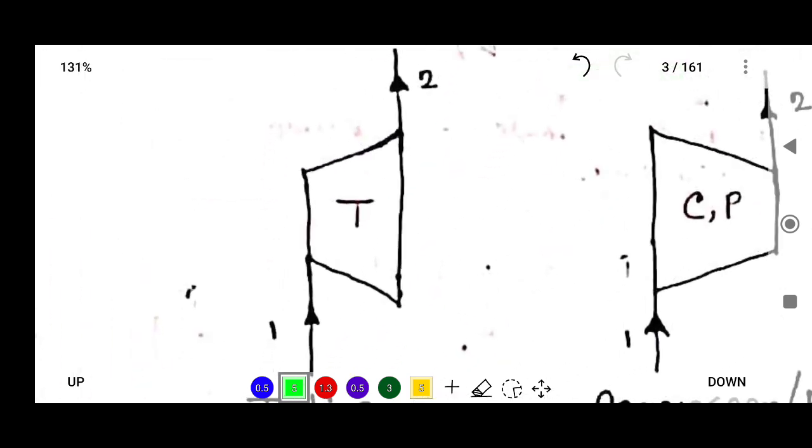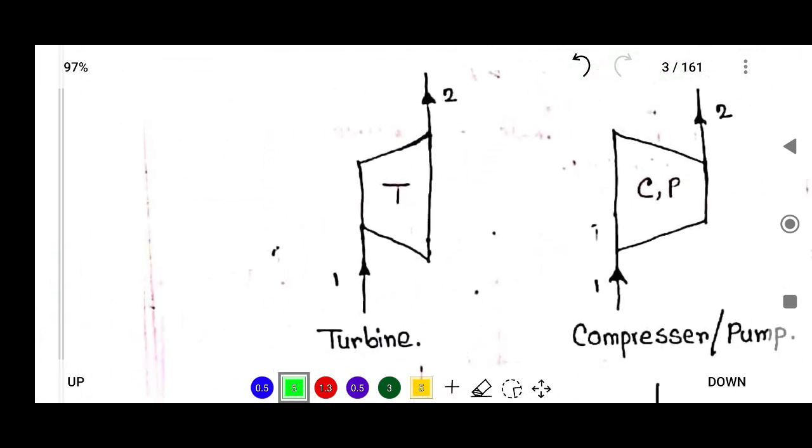Now what is the symbol of a turbine? Turbine is also an example of an open system. Here there is an inlet and there is an exit. Inlet is denoted as 1 and exit is denoted as 2. So this is the turbine inlet. Here the area is less and here the area is large.